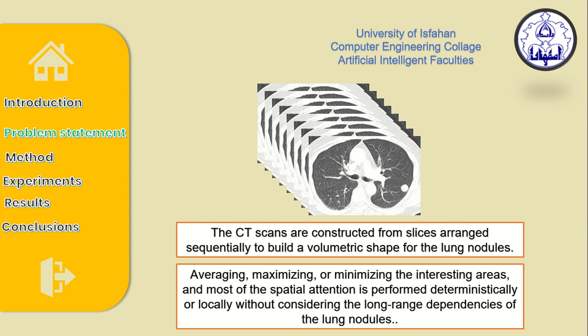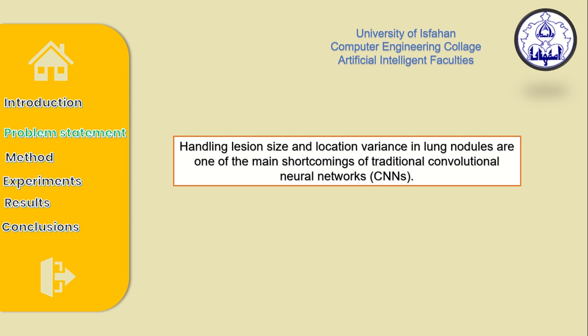Averaging, maximizing, minimizing the interested area, and most of the spatial attention is performed deterministically or locally, without considering the long-range dependencies property of the lung nodule. Long-range dependency is one of the CT scan properties.